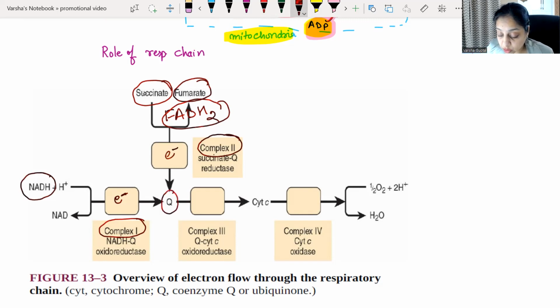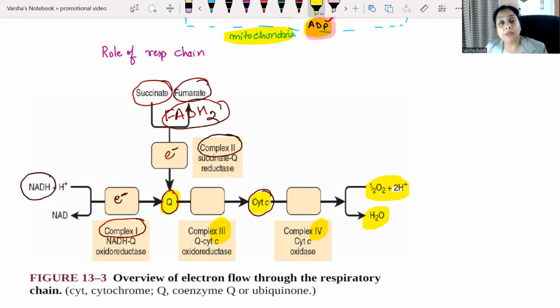And those peons are Q and cytochrome C. Q will take electrons from both complex 1 and complex 2, and take them to complex 3. From complex 3, cytochrome C will take the electrons and give them to complex 4, where oxidation will happen, and that will result in the synthesis of the water molecule, right?